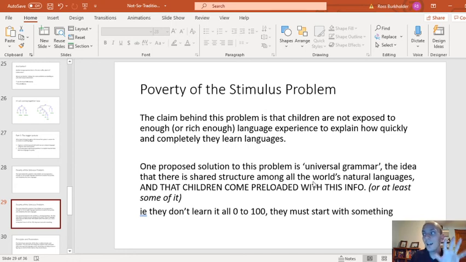Not that they heard it in utero and thus were birthed with that knowledge. No, no, no. This claim is that they come preloaded with some of this grammatical, linguistic information even before hearing any linguistic input. And the only thing that the linguistic input does is refine their already existing knowledge base.